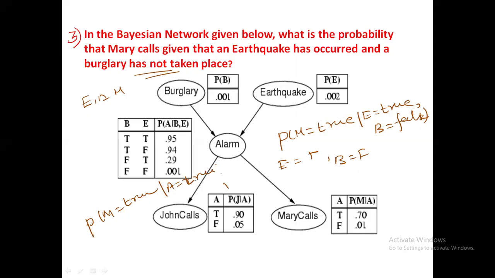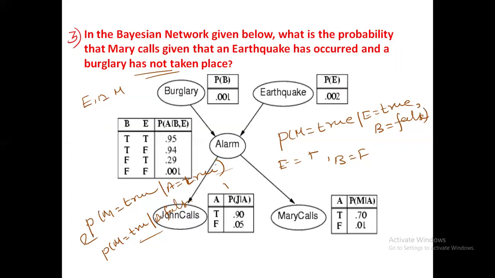Probability of M is equal to true given A is equal to true, and probability of M is equal to true given A is equal to false, along with the law of total probability to find the final result. So by substituting the known values from all these tables, we compute the probability of Mary calling under the given conditions. This approach ensures that we correctly account for all possible cases where Mary could be alerted by the alarm and make a call.